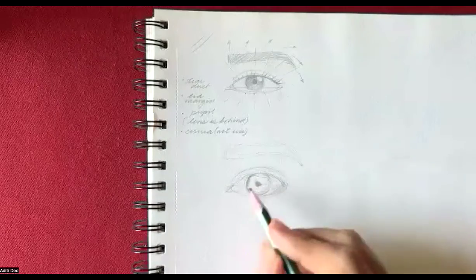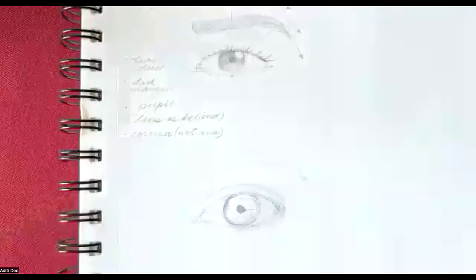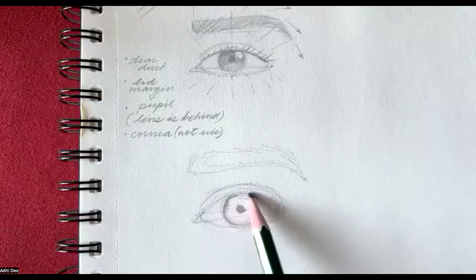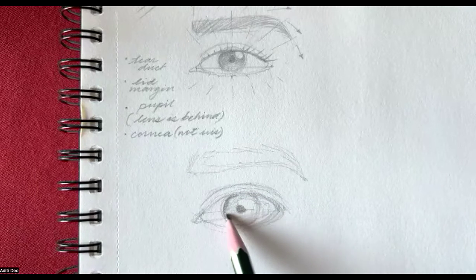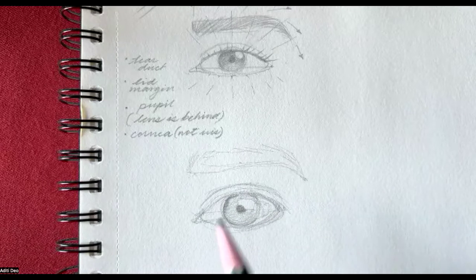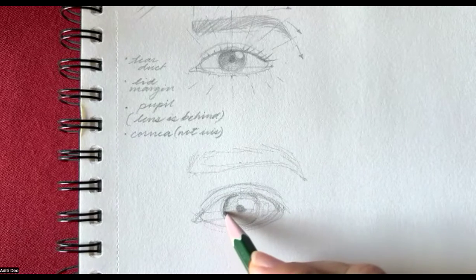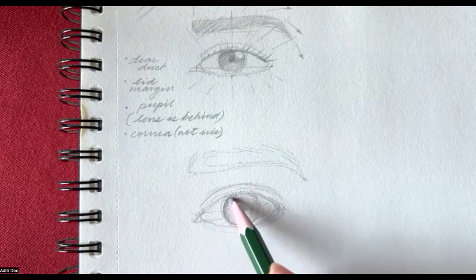Now this time I am making the same kind of shading, a very, very light color with pencil through the eye. But the edge of that iris is dark, and it often is very dark in most eyes.